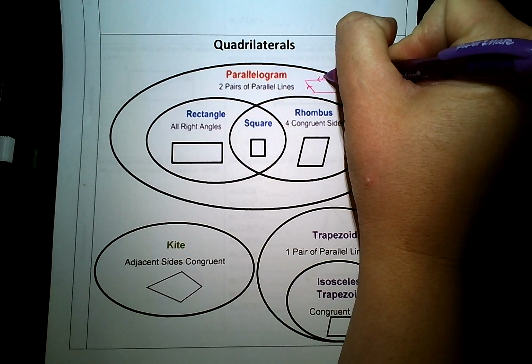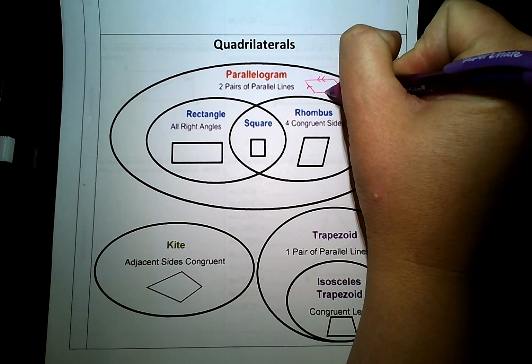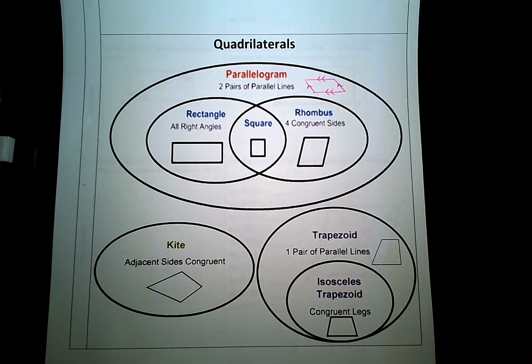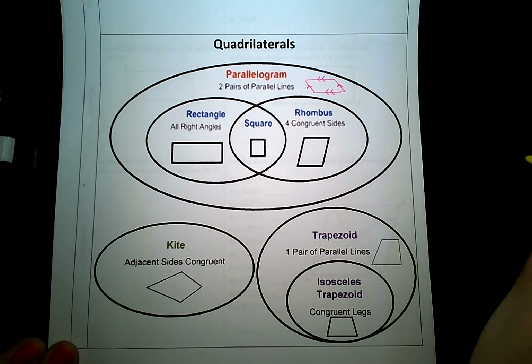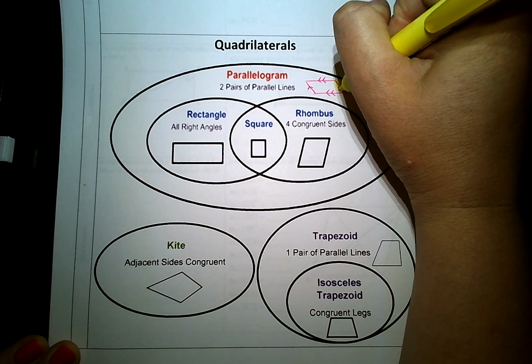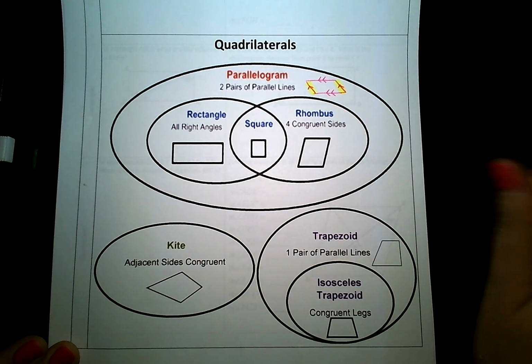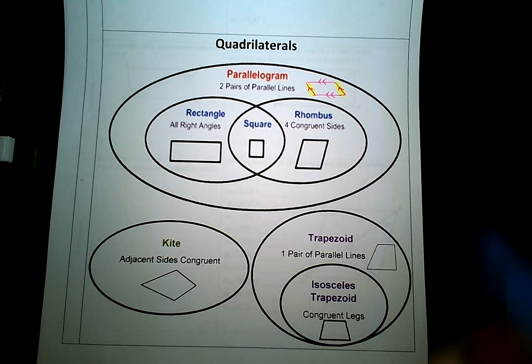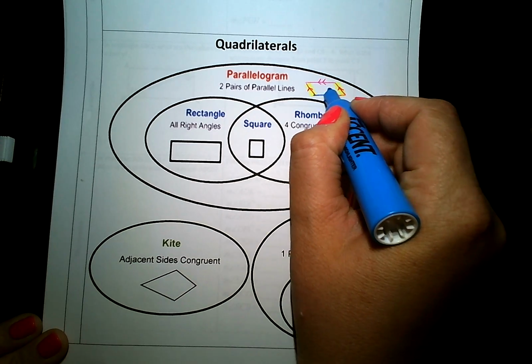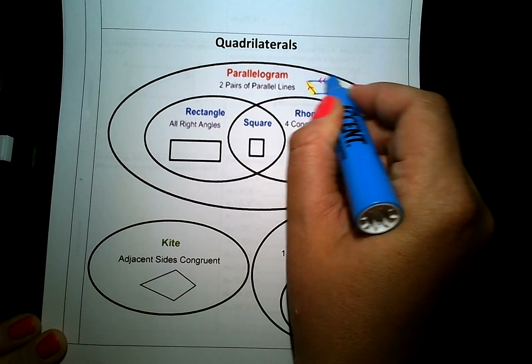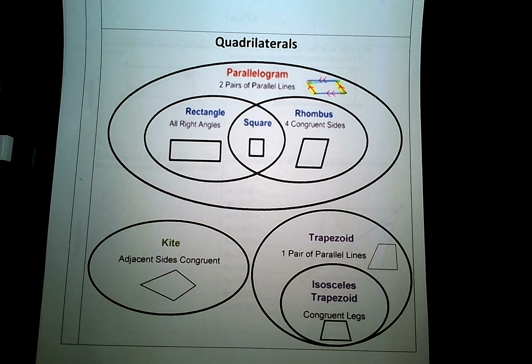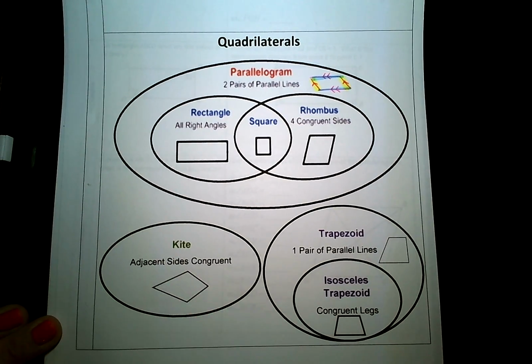Some things we see in a parallelogram are that while the opposite sides are parallel, they're also congruent. These two short sides are the same, and these two long sides are the same. So yes, they have two pairs of parallel sides, but they also have two pairs of opposite sides that are congruent.